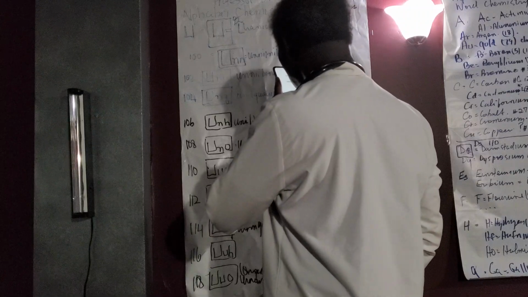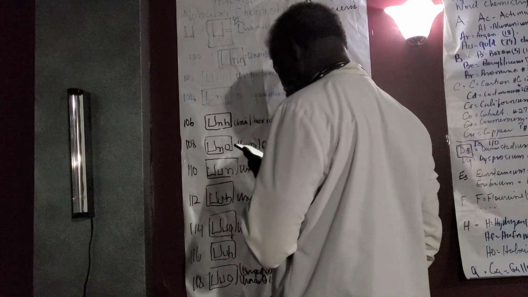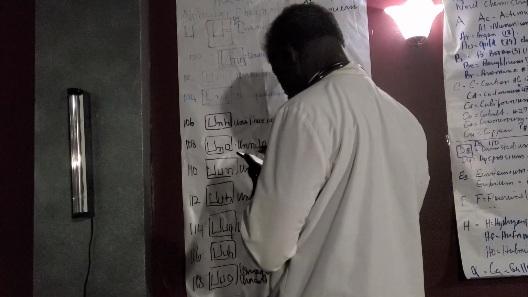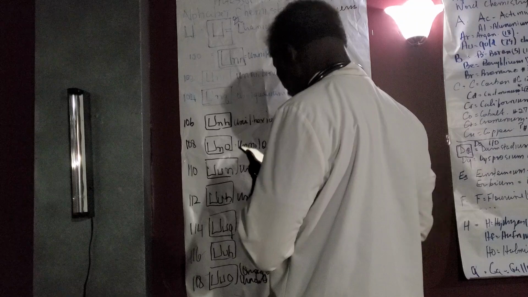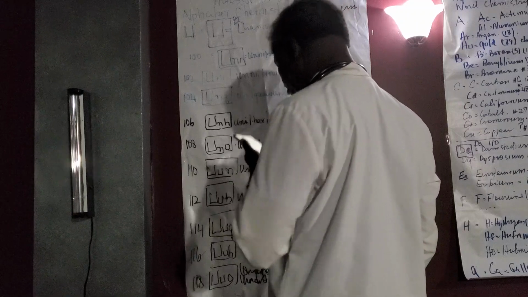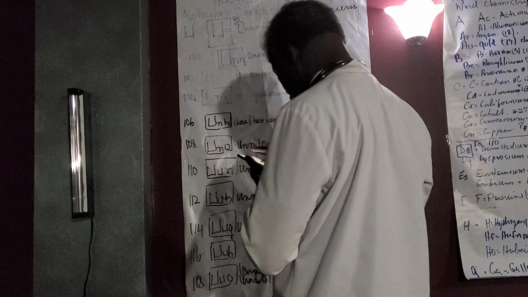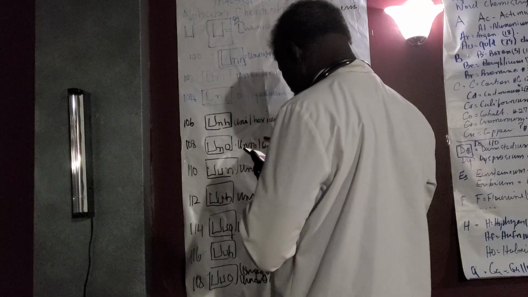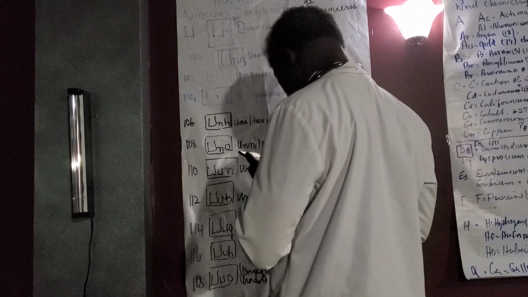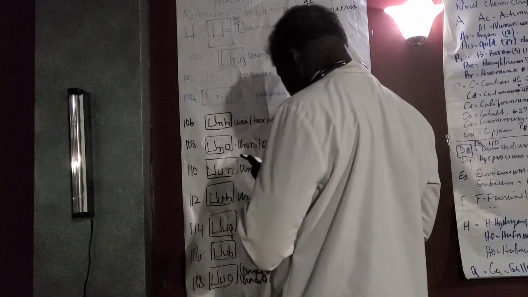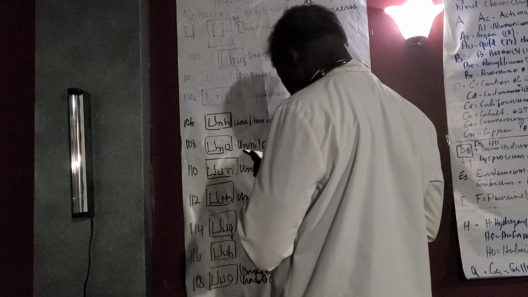Element with symbol U. Uranium 92, 238.028.